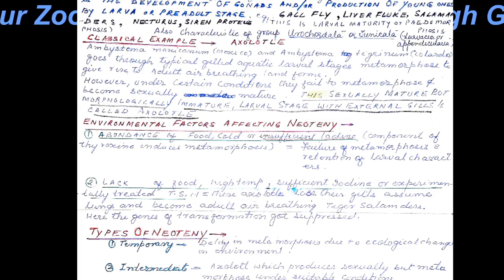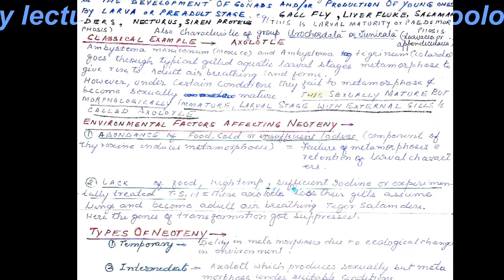Iodine is actually a very important component of thyroxine hormone, which induces metamorphosis. And due to these reasons, there is failure of metamorphosis, and the larval characters are retained in the body.